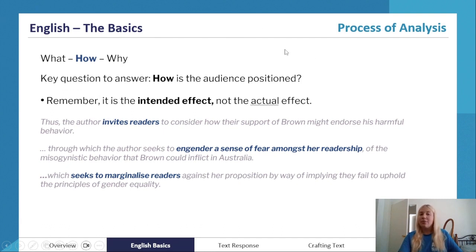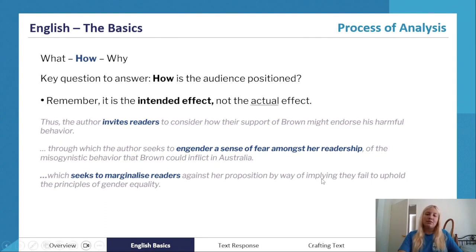You need quite a bit of language under your belt so you can make different intended effect sentences without repetition, and make it nice and specific. So this one makes the audience think that supporting Brown might make him behave even more outrageously. This one says that it elicits feelings of fear.